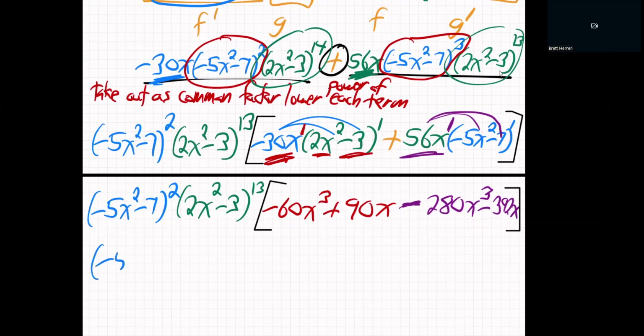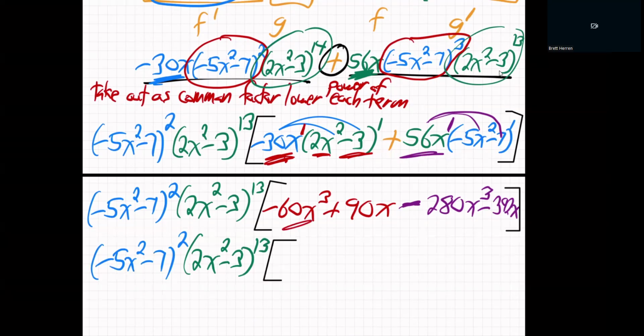Bring this down. Minus 5x squared minus 7 squared, 2x squared minus 3 to the 13th. And what's left in this bracket? Well, let's combine some like terms here. Minus 60x cubed minus 280x cubed.